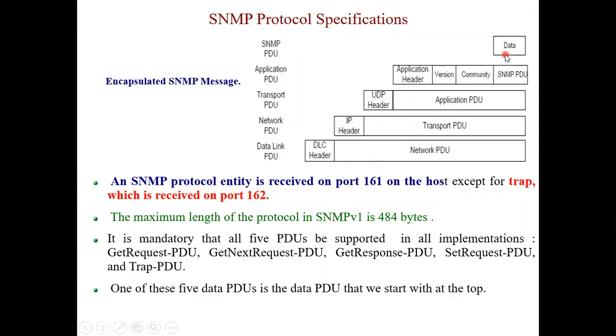There are multiple ports on which I can receive and send data. If it is an SNMP message or SNMP protocol entity, then whichever machine I am receiving it on, it is received on port 161 on the host. If it is a trap message, that is received on port 162.